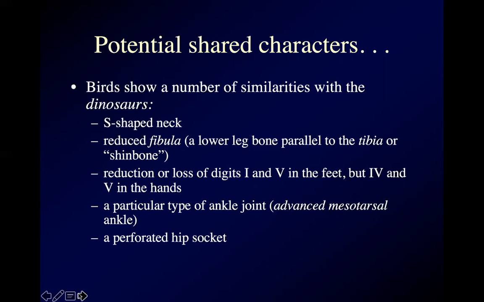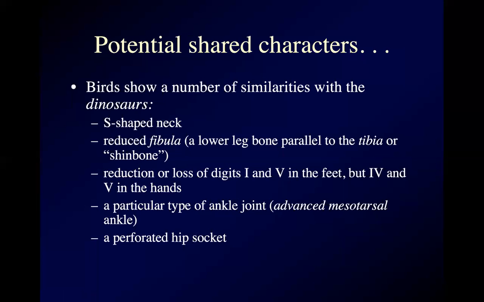And then to the side of it, you've got this very narrow little, kind of toothpick-shaped little bony splint. That's the fibula. And in birds, the fibula is a lot smaller than the tibia, the main bone of the drumstick. And that's something we see in dinosaurs too. We see loss of digits, fingers and toes.